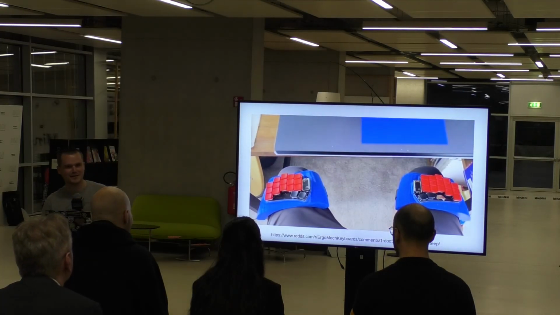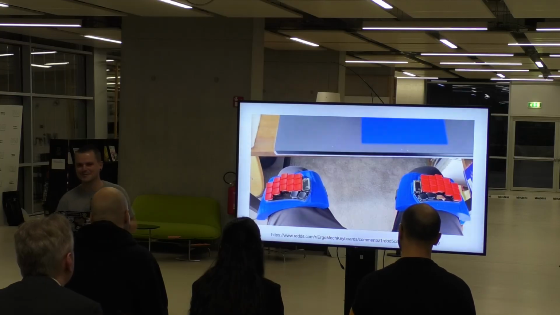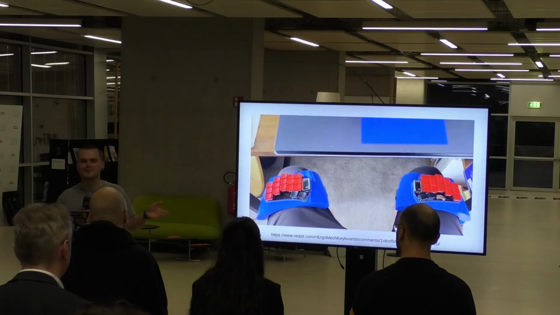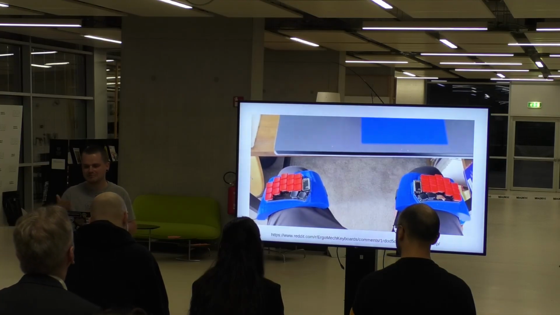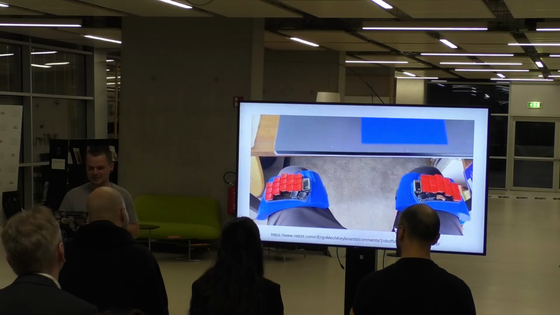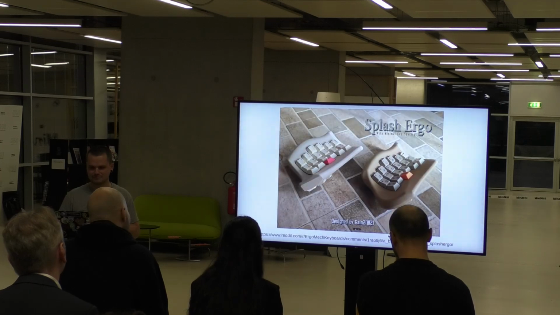Or even stuff like this, where some people attach it to the knees. Ergonomic is whatever you find ergonomic. There is no right or wrong. Whatever works for you is the right choice.